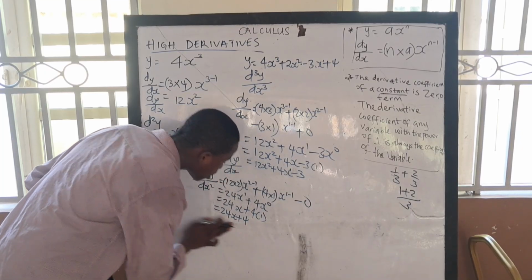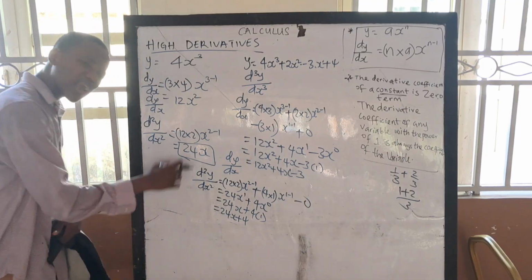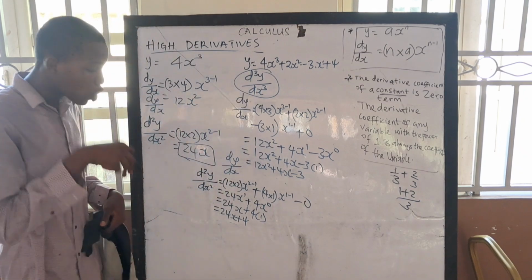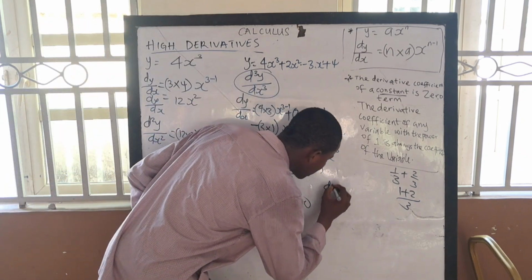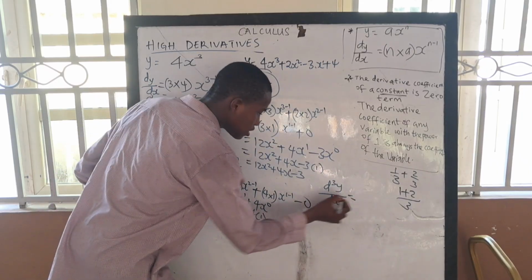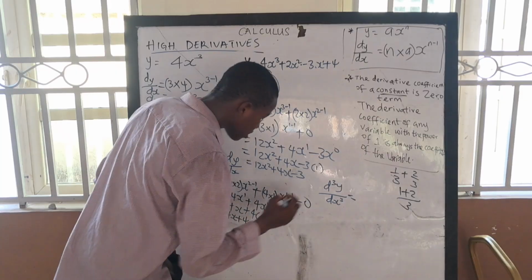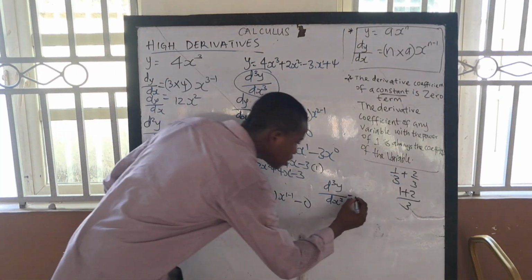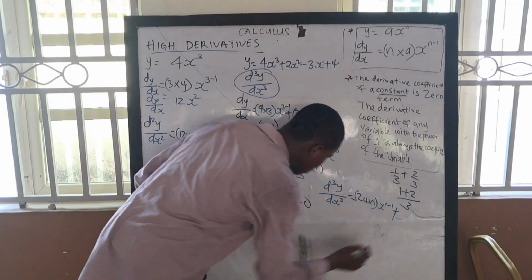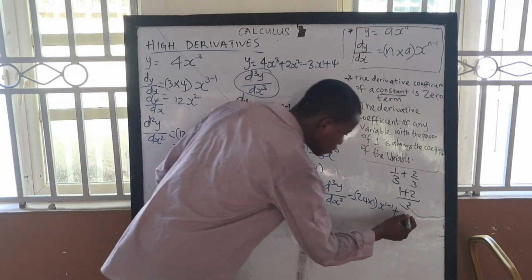Now this is not my final answer. This is the second derivative, but the question says I should get what? The d3y/dx cube. That is the third derivative now. So I'm having my d3y/dx cube now will be what? If I differentiate 24x, my power here is what? 1. So I'm having 24 times 1, x power 1 minus 1, plus, the derivative of a constant is what? 0.